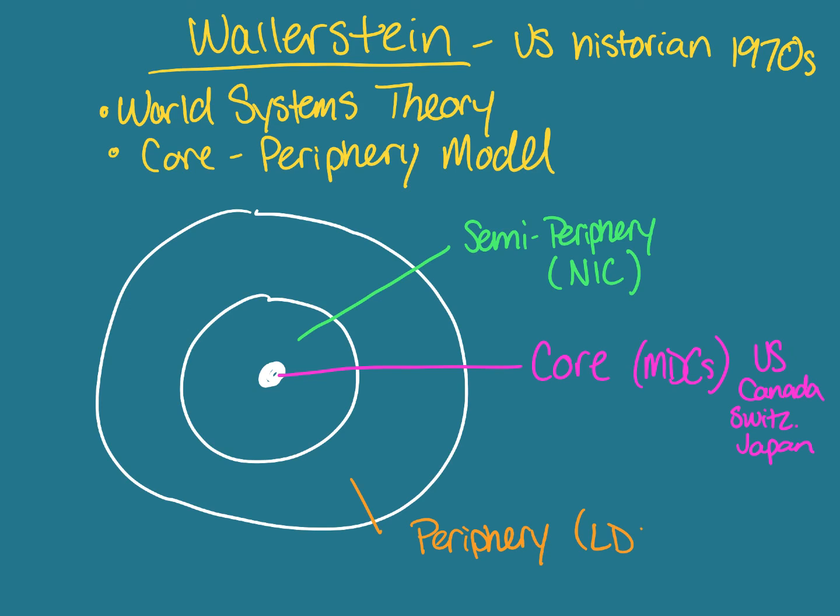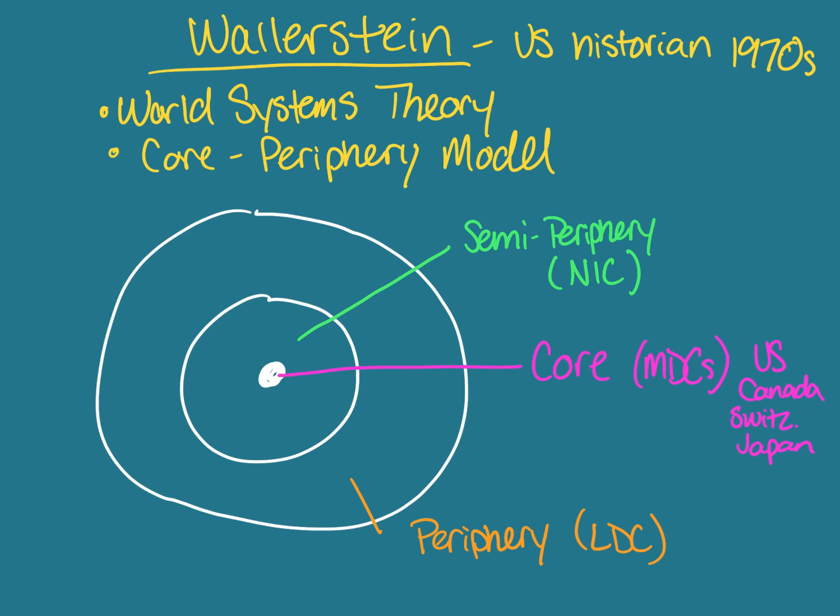These are the LDCs of the world, okay? In the same way that the core uses the semi-periphery countries, the semi-periphery does the same thing with the periphery countries. We call this exploitation. They exploit each other; they use each other for the resources that they have. The periphery countries are focused on those primary resources like we've been talking about for the last few weeks.